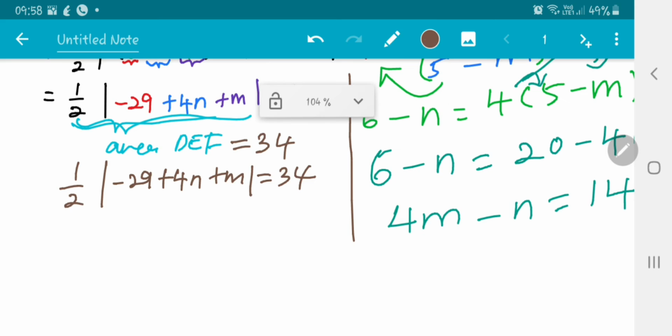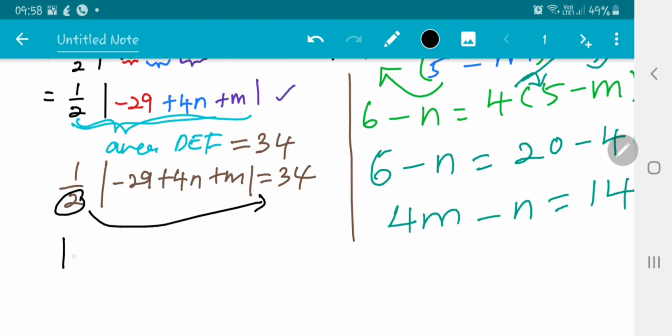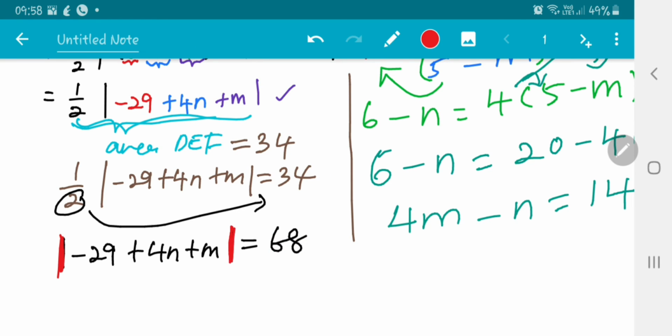Okay, to solve, ini bawa pergi sana. Dia jadi macam ni lah. 34 times 2, 68. Okay, sekarang bila kita nak solve, kita kena buka modular sign. Kita kena remove modular sign. Bila kita nak remove, biasanya the value on the right, satu dia jadi positif, satu lagi dia jadi negatif.